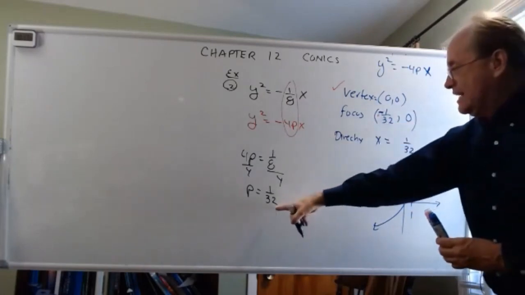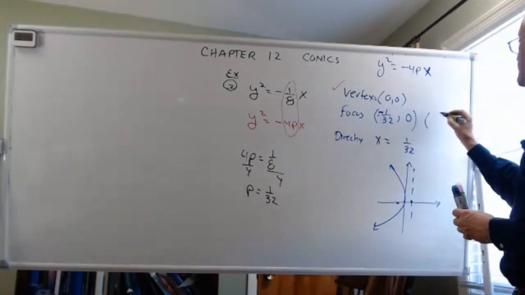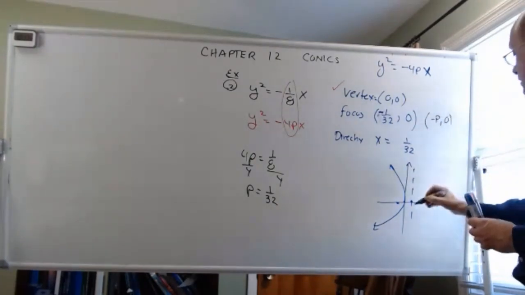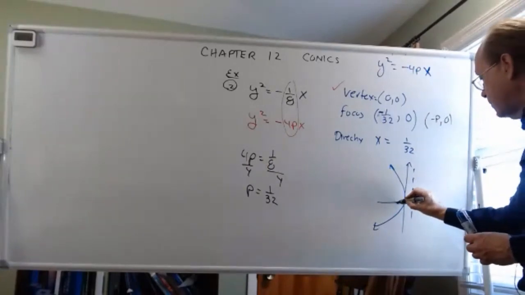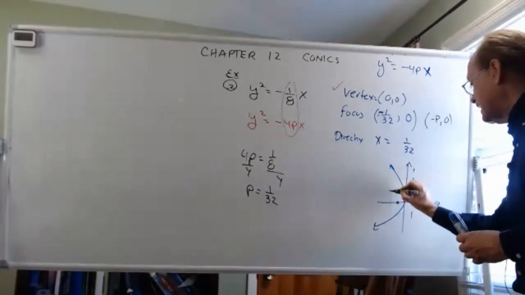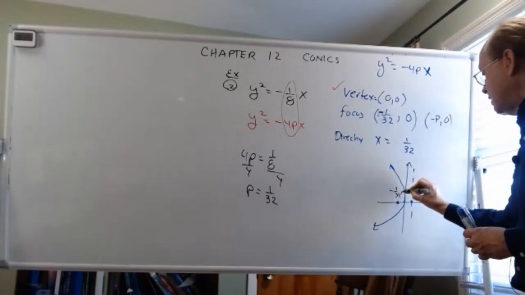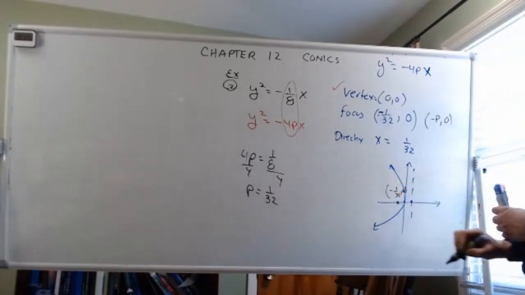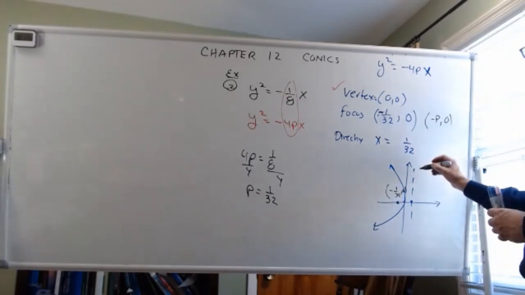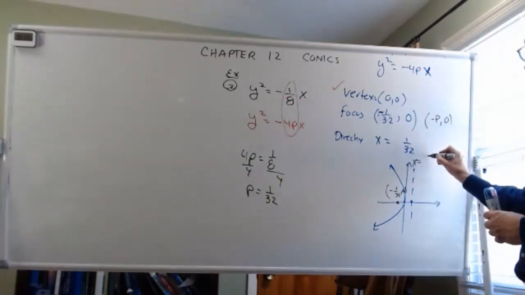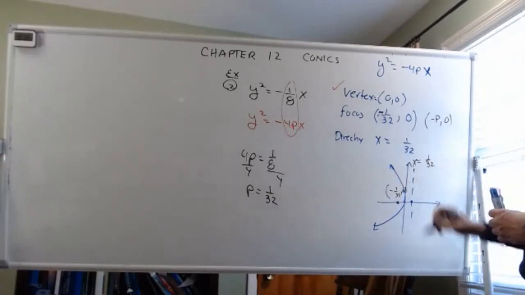When I get the p here, I turn around and it's always equal to the negative of p comma 0, because that's the coordinate right here. This is my focus right here, which is negative 1/32, and my y coordinate is 0. Now this is a line of constant x value, and x is equal to a positive p, 1/32.